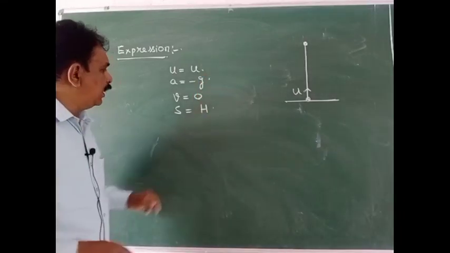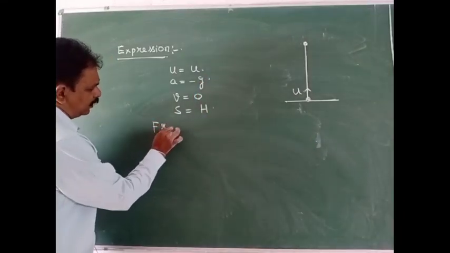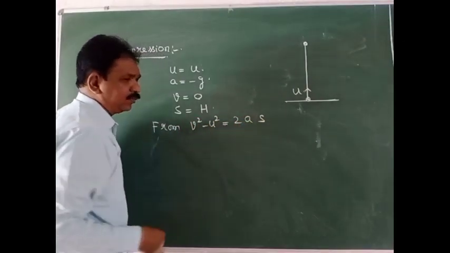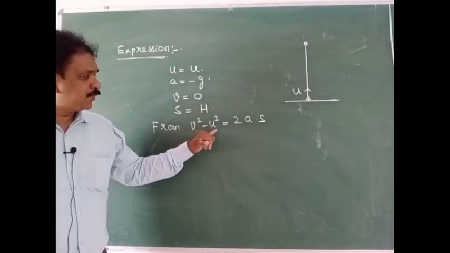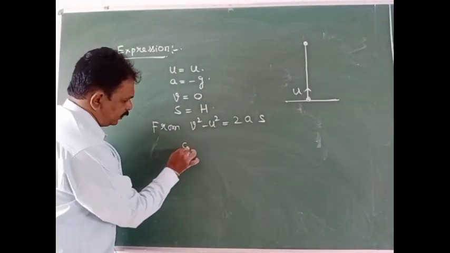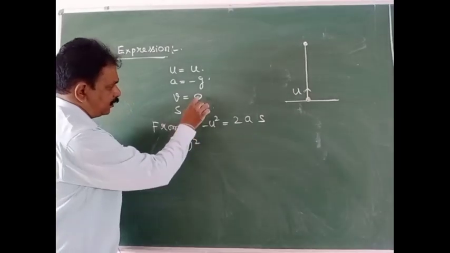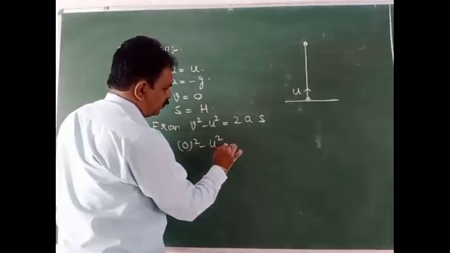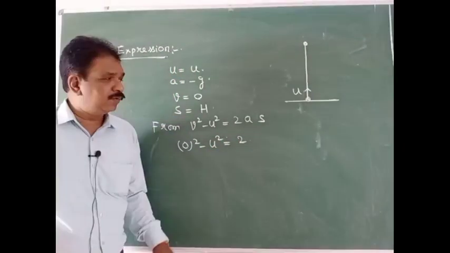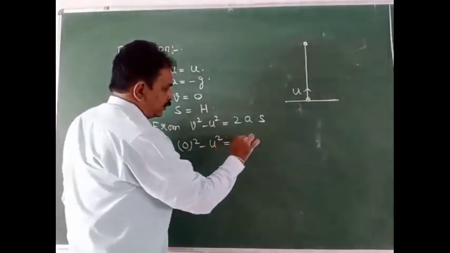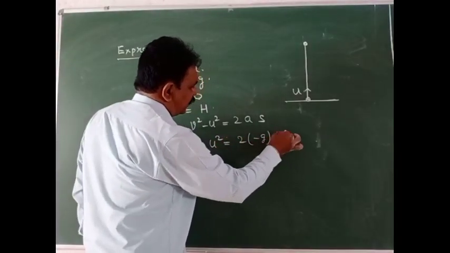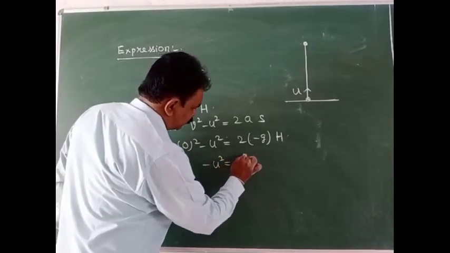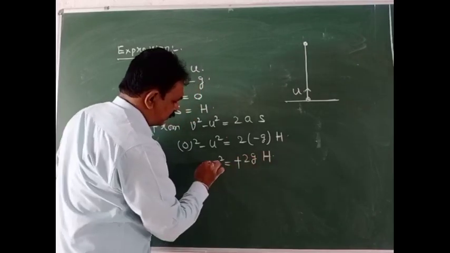By substituting all these values in v square minus u square is equal to 2as. We substitute these values: 0 square, u square, minus u square is equal to 2 into a value minus g, s value h. So minus u square is equal to minus 2gh.